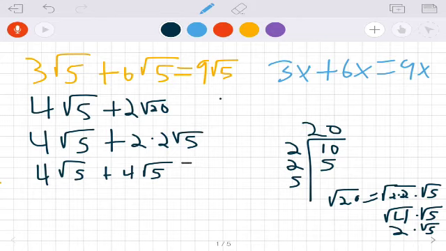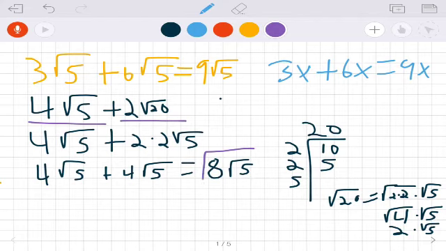And we can go ahead and add these together, and we end up with 8 square root of 5. So even though we started with 2 square root of 20 and 4 square root of 5, the square root of 20 can be simplified into a square root of 5, and they can be combined together to give us this right here.